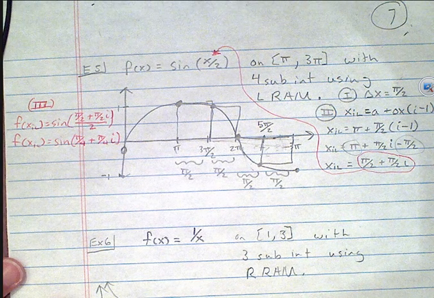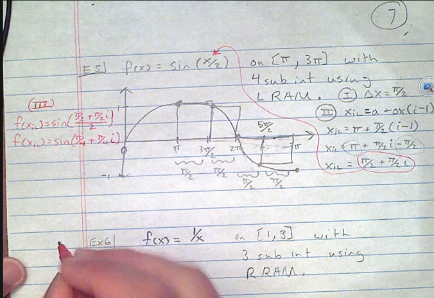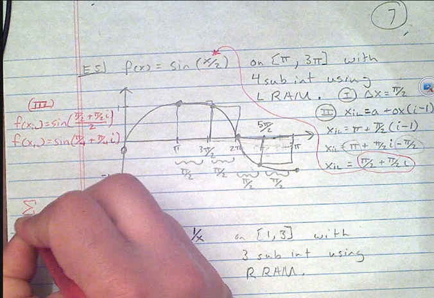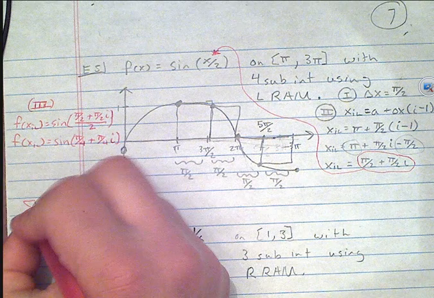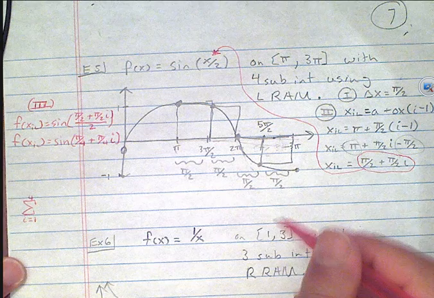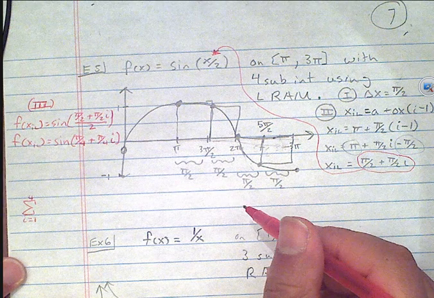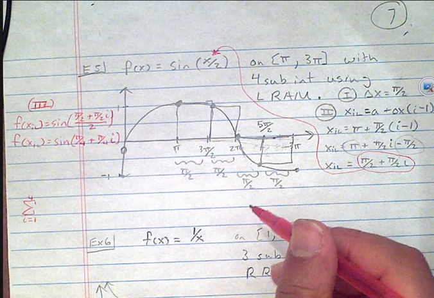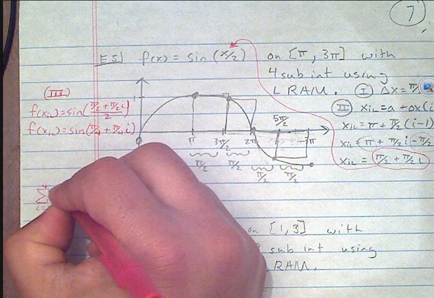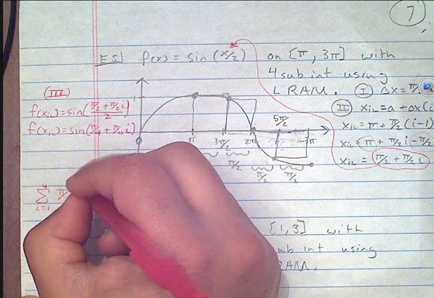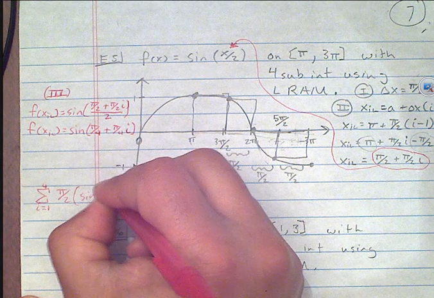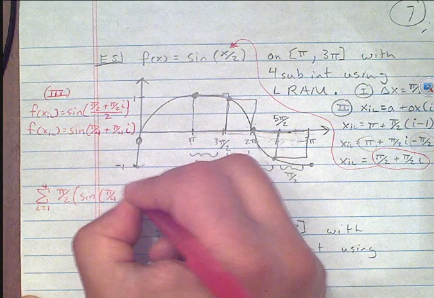So now we're going to sum. We're going to do the summation of 4 things, 1 to 4, of LRAM, which is just delta x times f of x of i_L, and delta x is pi over 2, so pi over 2 times f of x of i_L, which is sine of pi over 4 plus pi over 4 i.